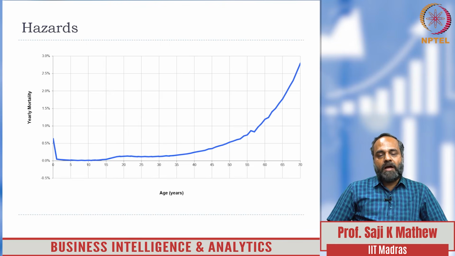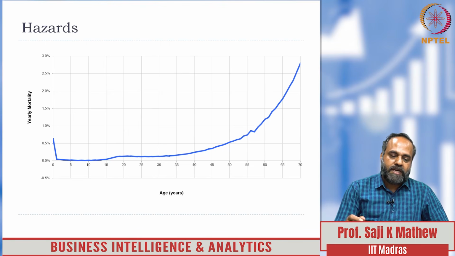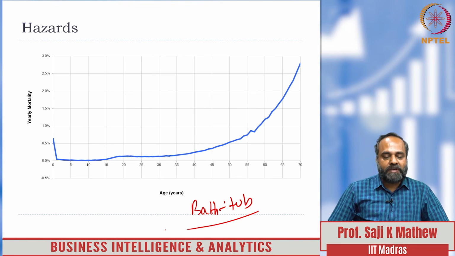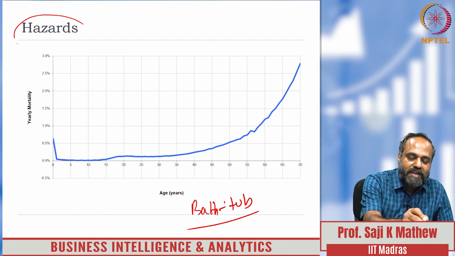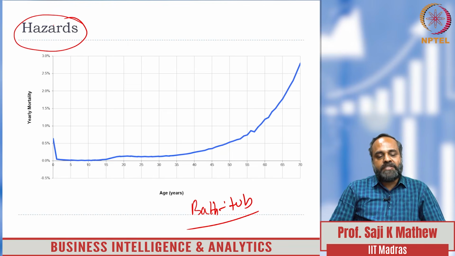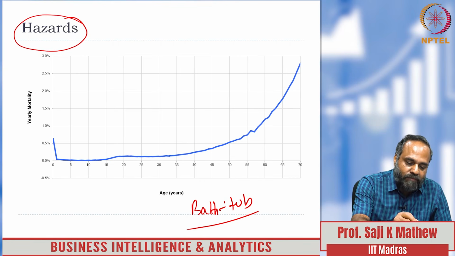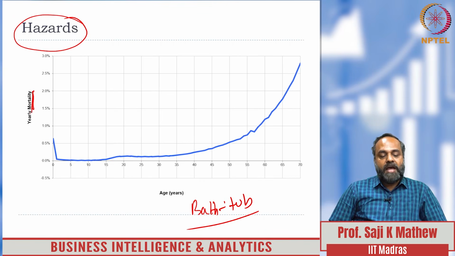Now we are going to discuss something. What you see in the picture is a bathtub, a bathtub-shaped graph, which is a characteristic known as hazard. The y-axis is about mortality, of course the mortality of human life, and some of you must be familiar with it.